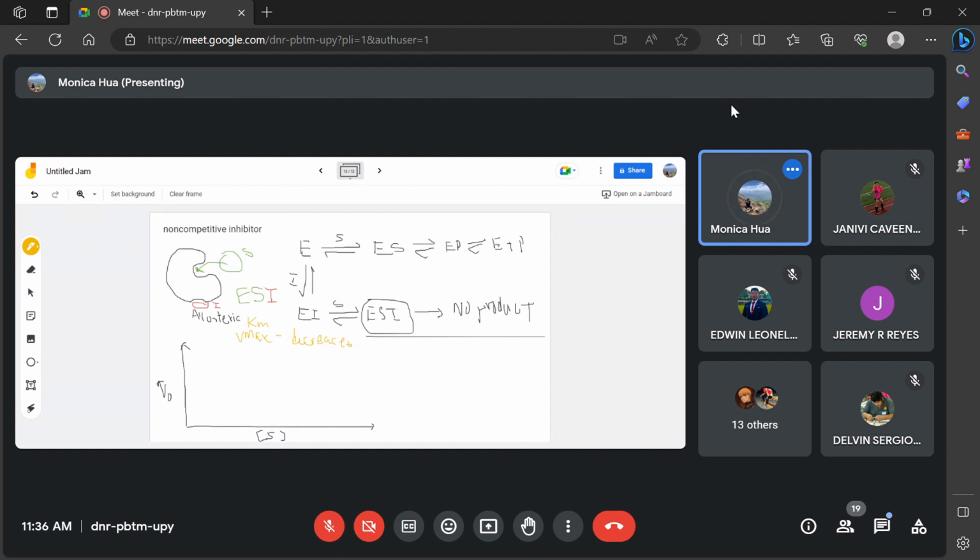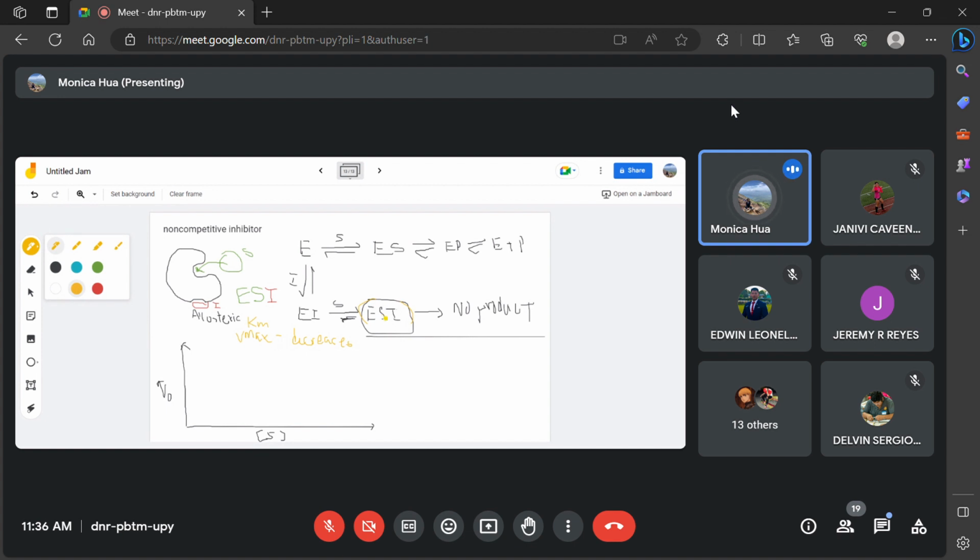So this complex here that we see will help us explain the Km. The enzyme-substrate-inhibitor complex will not dissociate. It's very hard for them to dissociate. This arrow might be a bit smaller. Because the inhibitor increases the affinity of everybody, the enzyme is going to be bound to the substrate.